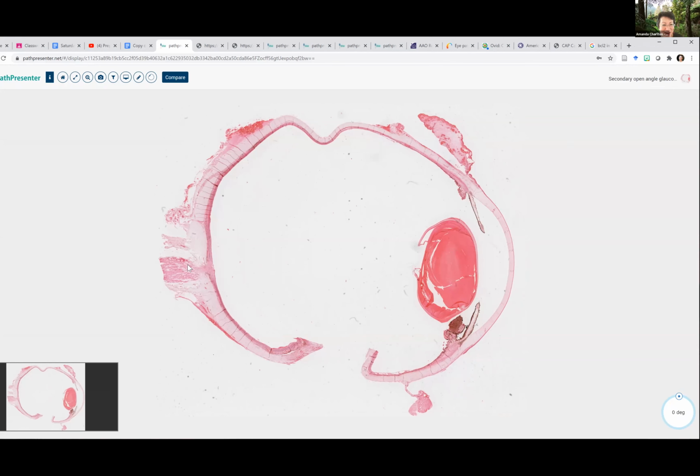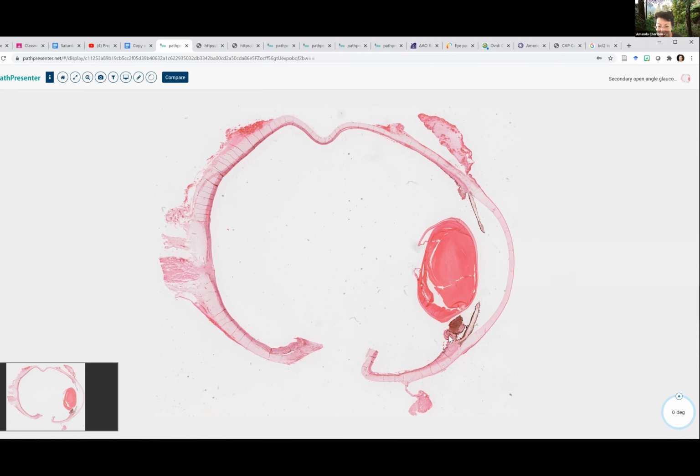So, we have a pupil optic nerve section of an enucleated globe. I can see a tumour. I think this is an artifactual wrinkle and disruption.